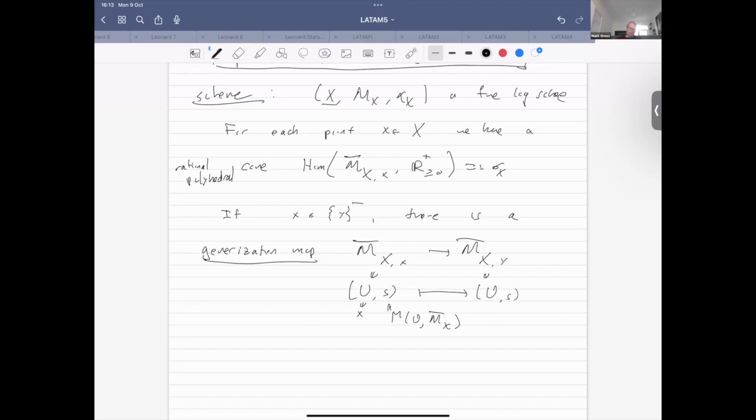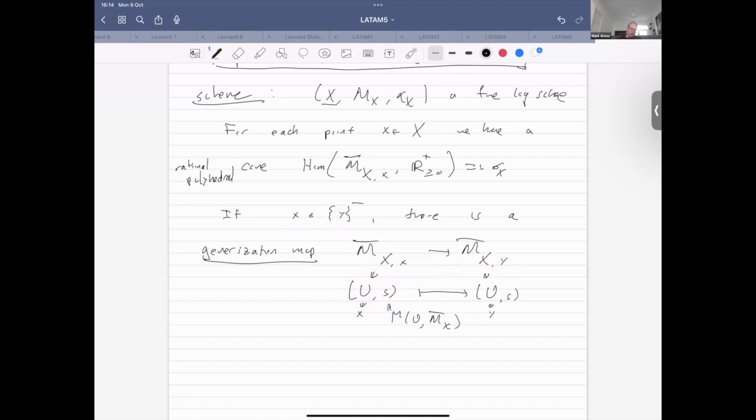The point being that now y is necessarily also an element of U. The fact that x is in the closure of y means that any open set containing x also contains y. The section over U can be viewed as a germ at y, as well as a germ at x. That gives us this generalization map.